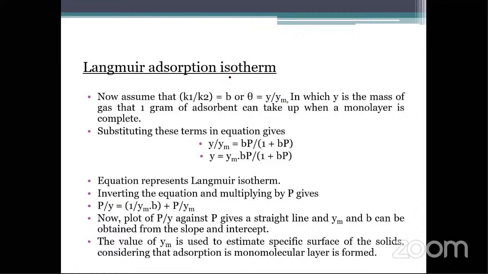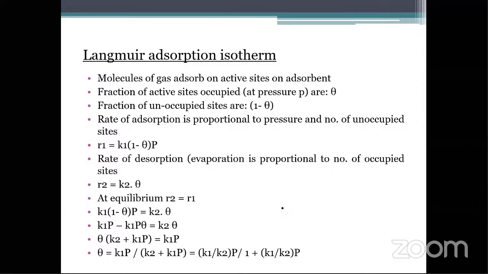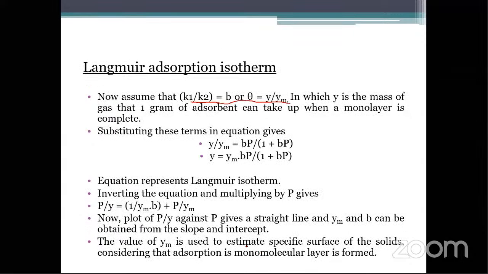Now substituting this value, K1 upon K2 is equal to B, and theta is equal to Y upon Ym, if you put these values in the equation, you will get Y upon Ym is equal to BP upon 1 plus BP, or finally you can write Y is equal to Ym into B into P upon 1 plus B into P. Okay.